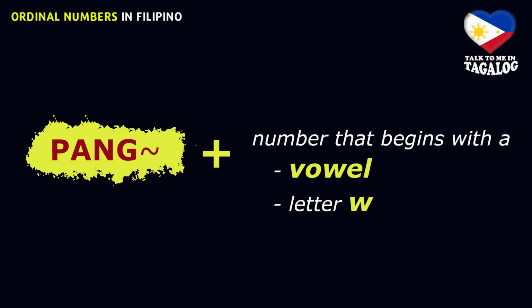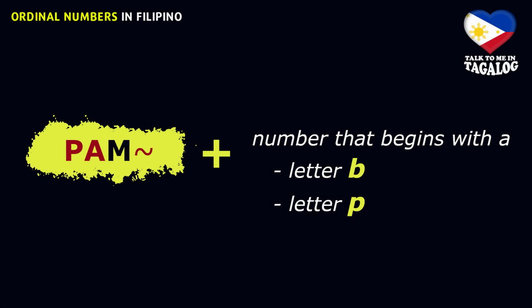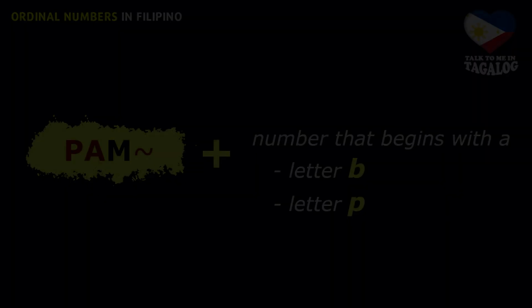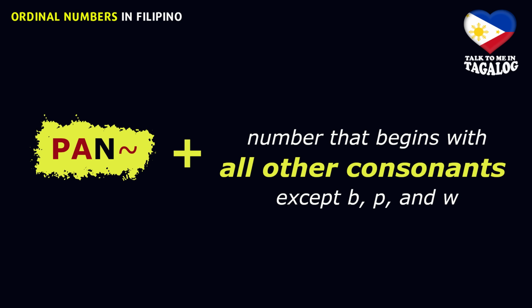Before we begin, let me just tell you that the prefix pang has two other variants, namely pam and pan. Pang is used if the Tagalog cardinal number starts with a vowel and the letter W. So remember, it's pang plus vowel and pang plus W. Pam, on the other hand, is used if the Tagalog cardinal number begins with either B or P. So it's pam plus B and pam plus P. And the last rule is about pan.